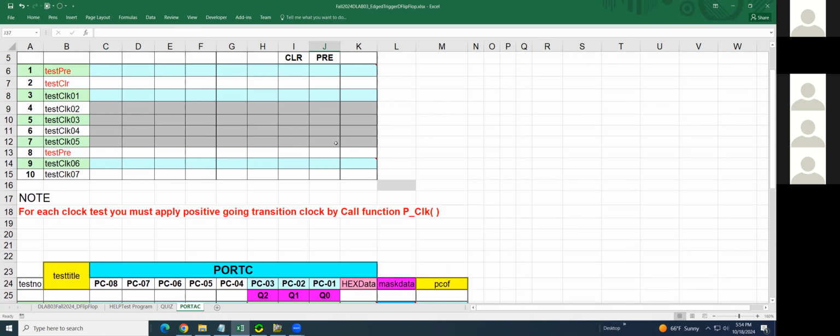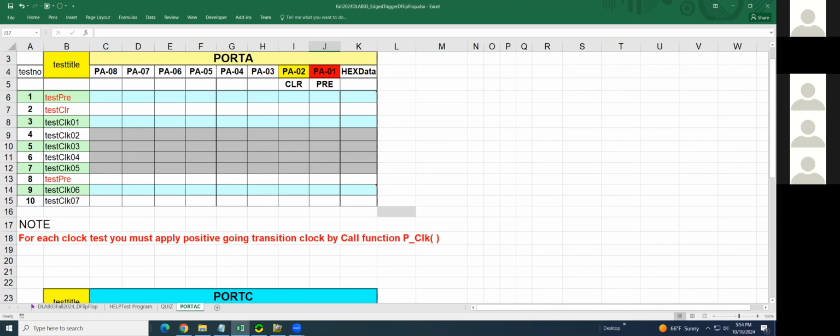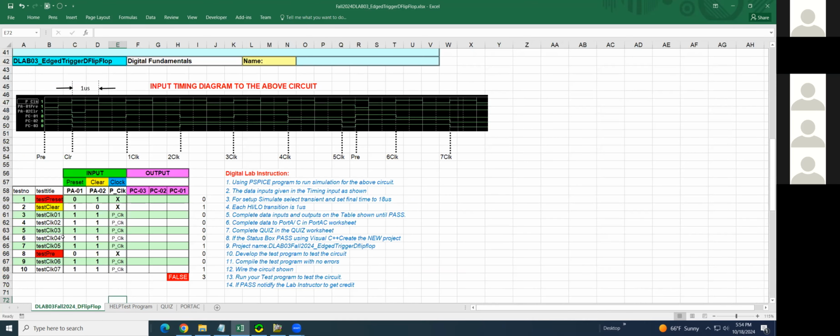Now, last one. After you're done with the first pair, in here you can copy PA1, PA2.